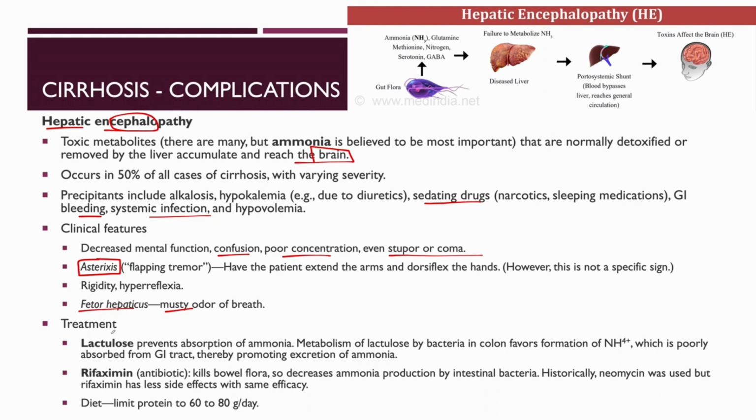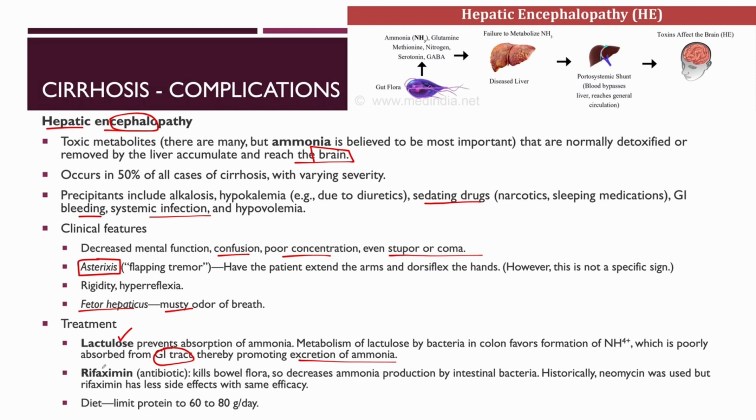The treatment for this hepatic encephalopathy is mainly lactulose. Lactulose helps with constipation also, but essentially it absorbs the ammonia and does not allow it to reach the brain, so it keeps it in the GI tract and then excretes the ammonia.